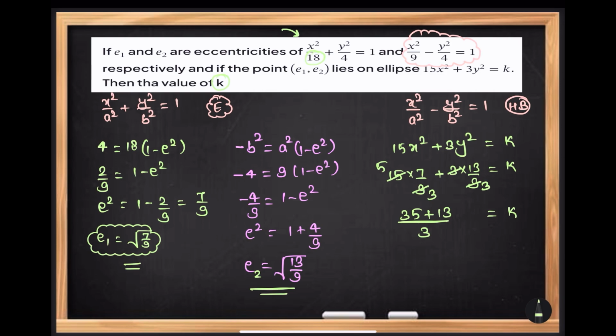Okay, so we will get 48 by 3, which is 16. Correct? Therefore the value of k is what? 16. I hope you got the approach and you can solve similar kinds of questions. Okay.